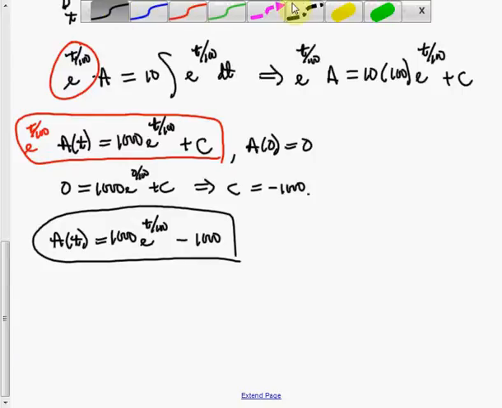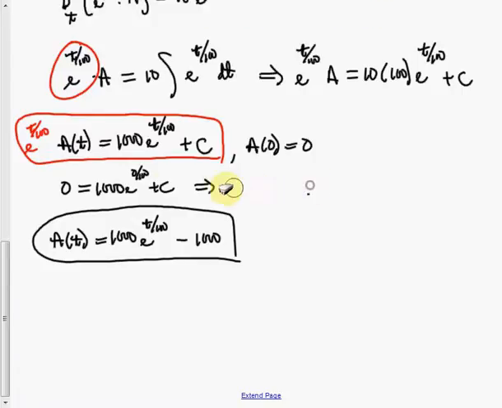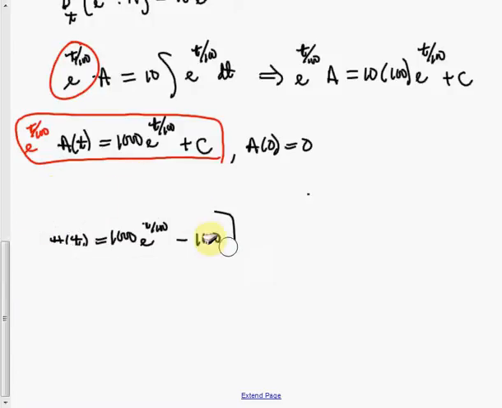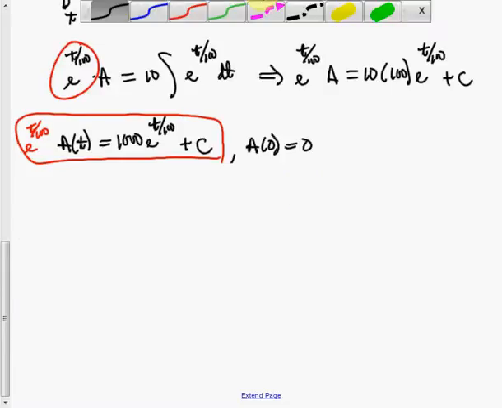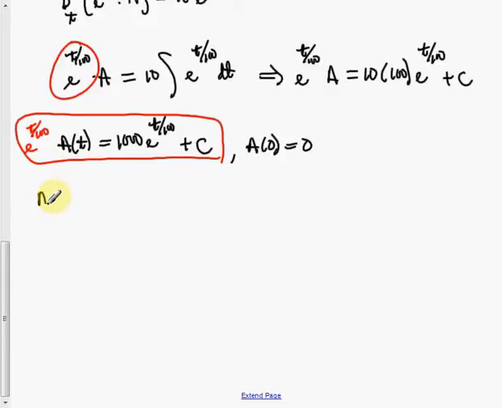So if you will, I'm going to go ahead and just erase everything that I have under that and just fix it. So this becomes A of t is equal to 100 times e to the t over 100 divided by e to the t over 100.